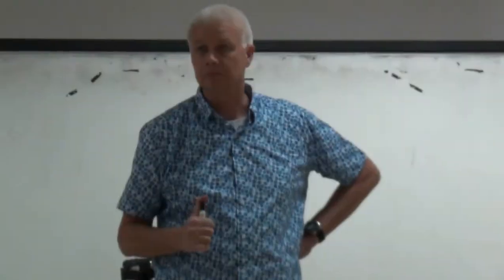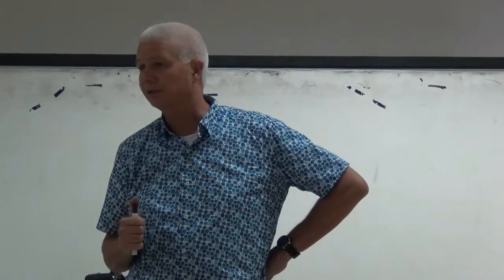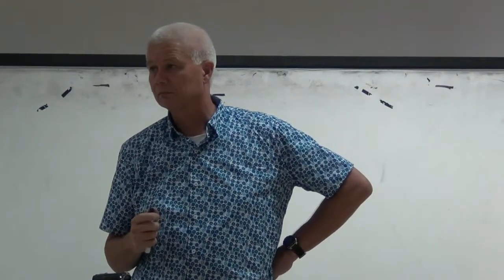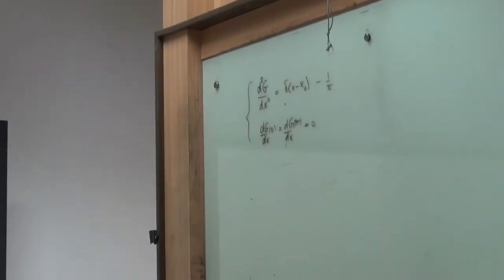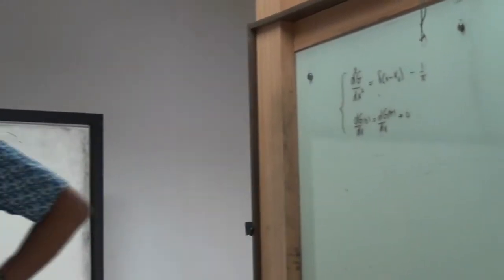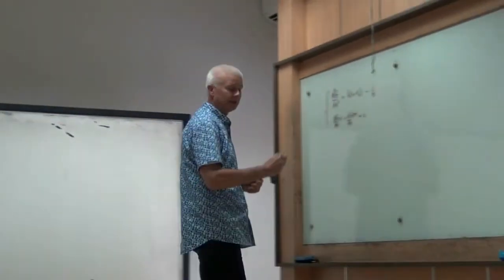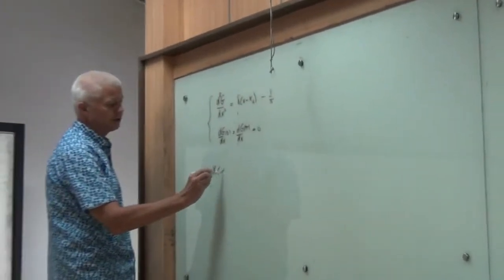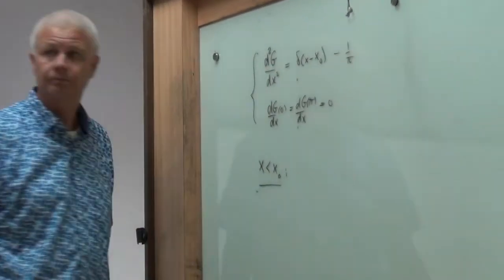How do we solve this problem? So now for this problem I would like to determine g. How do we do it? Same as yesterday. Mathematics is not so difficult. You do a lot of things over and over again. So solve it in the same way. Let's assume that x is smaller than x0.